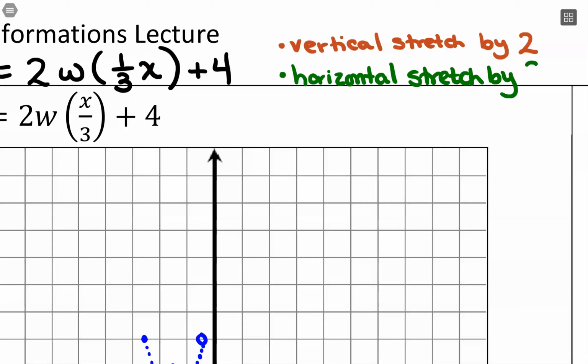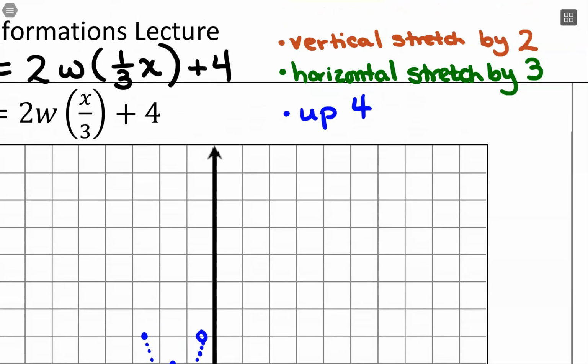So it's going to be the stretch of 3. And then our last piece is this value adding outside of the function, which means it's vertical. So that's up or down, and because it's positive, that'll be up those 4 units.